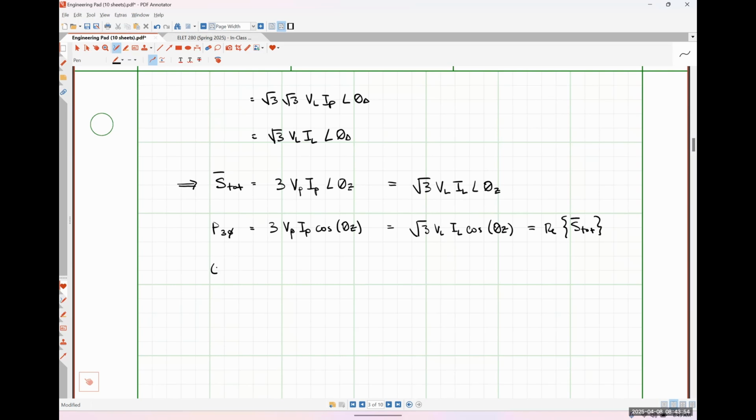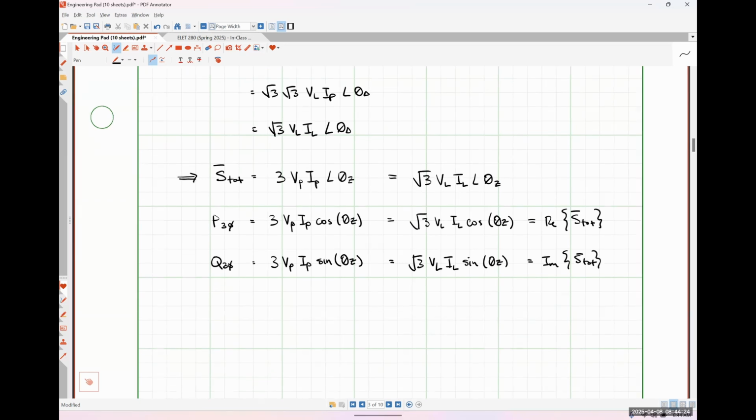Our reactive power is going to be 3 VP IP sine theta Z, or root 3 VL IL sine theta Z, which is nothing more than the imaginary part of my total three-phase complex power.